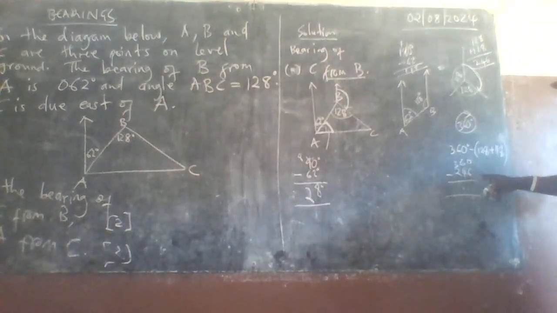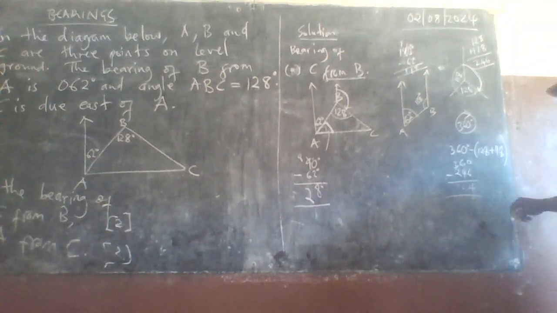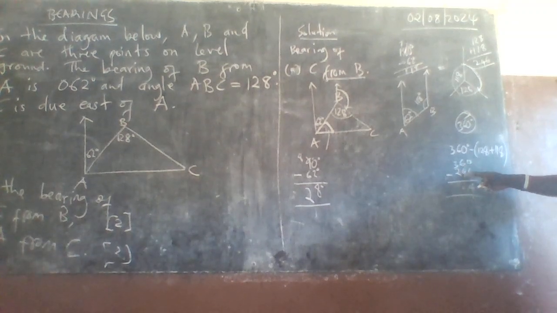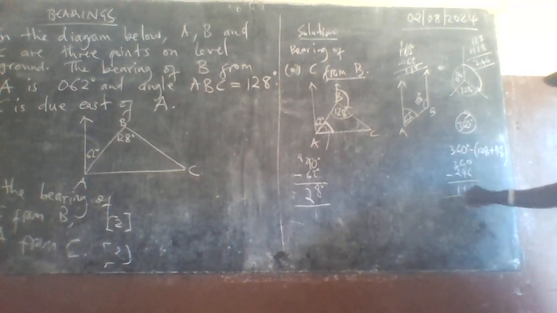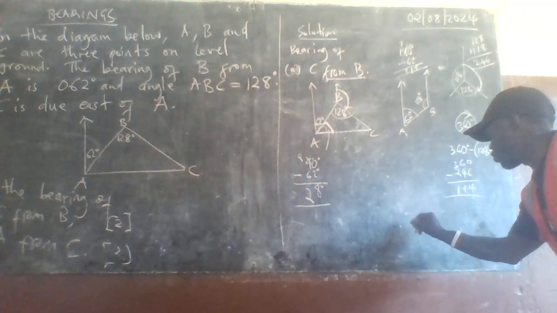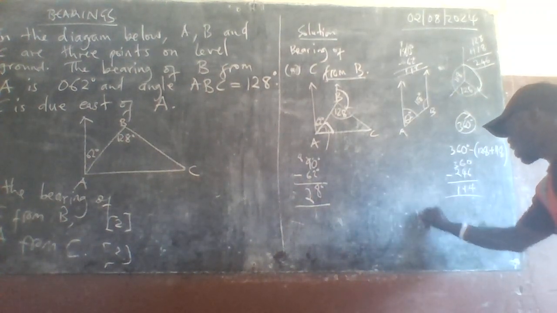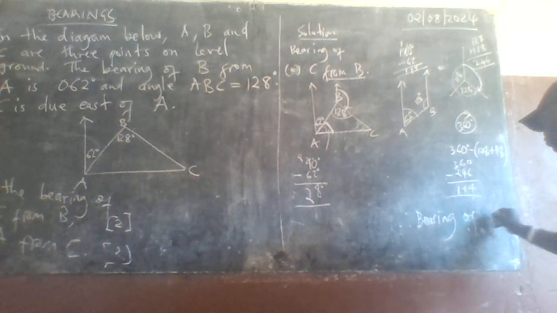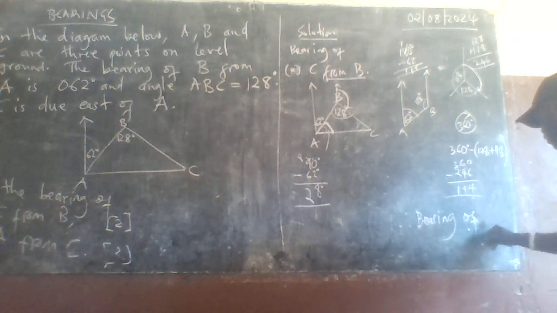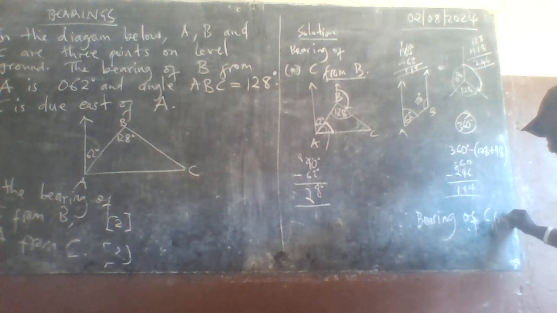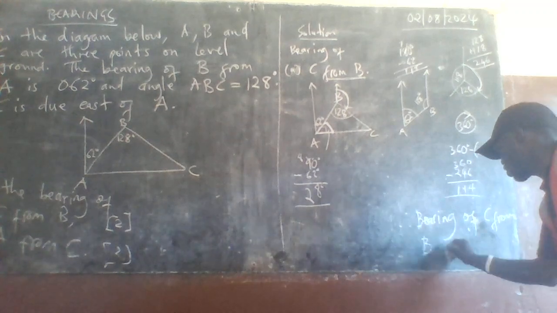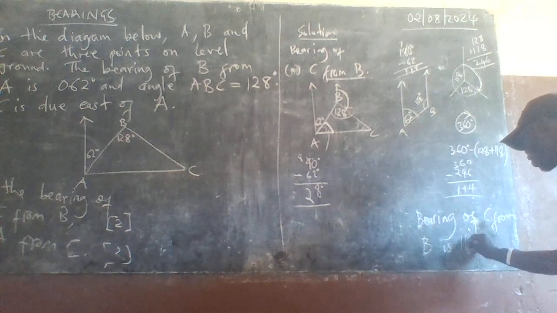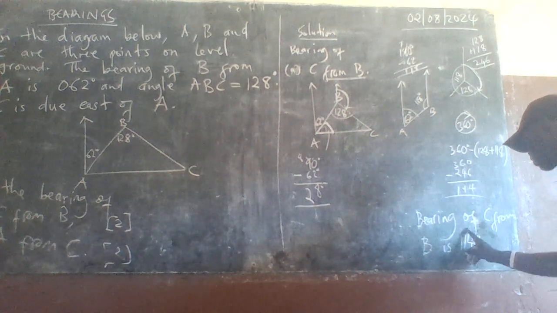So 10 minus 6, it is 4. 5 minus 4, it is 1. And then 3 minus 2 is 1. Therefore, the bearing of C from B is 114 degrees.